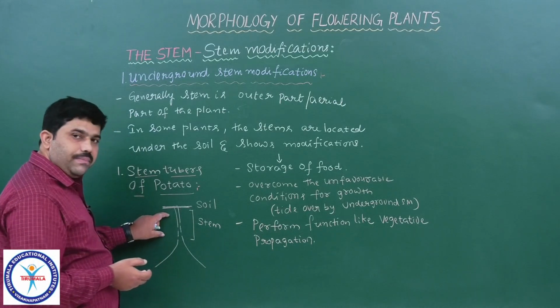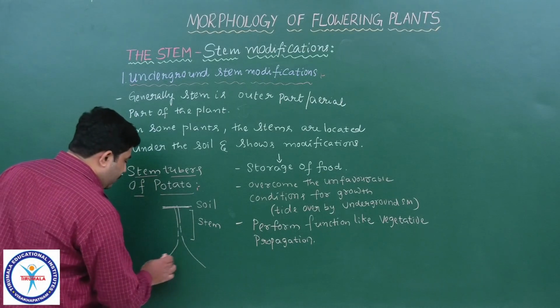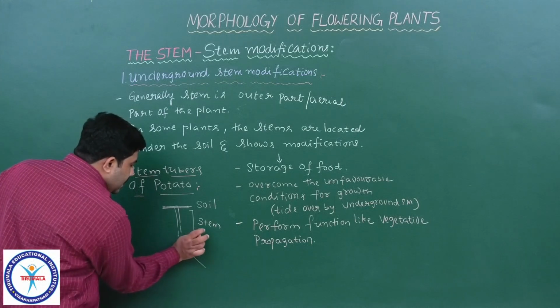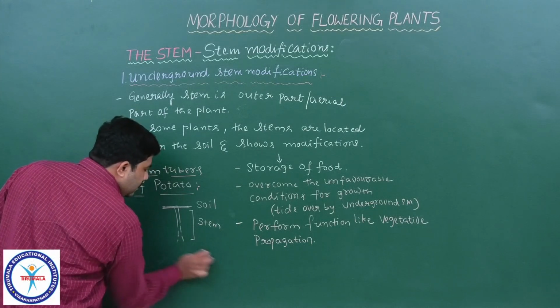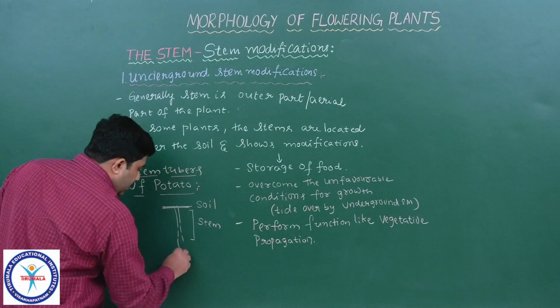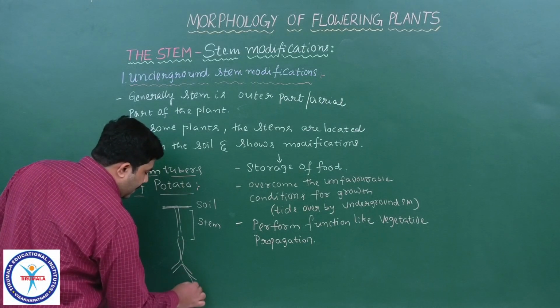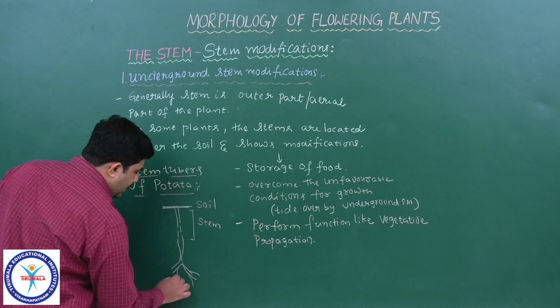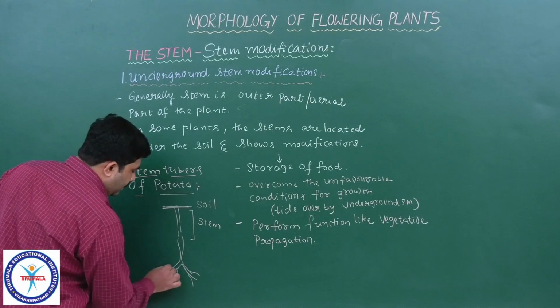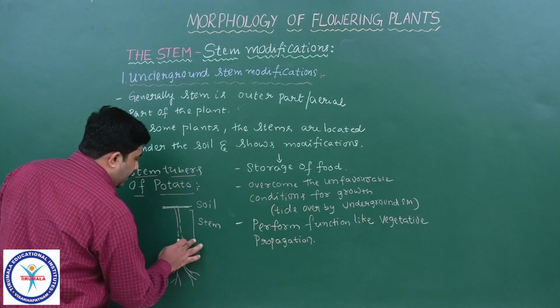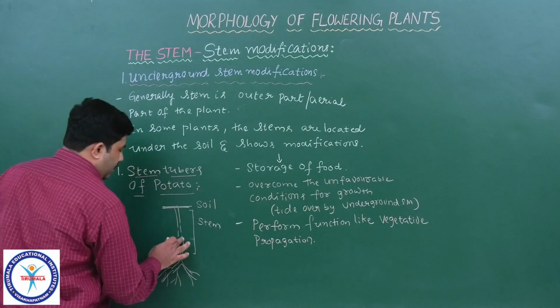This is the underground stem. From here onwards it is developing and giving further development of root. Now you got the point.